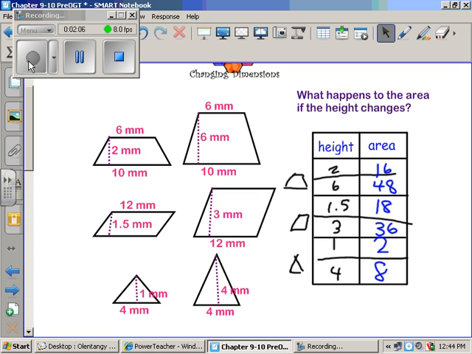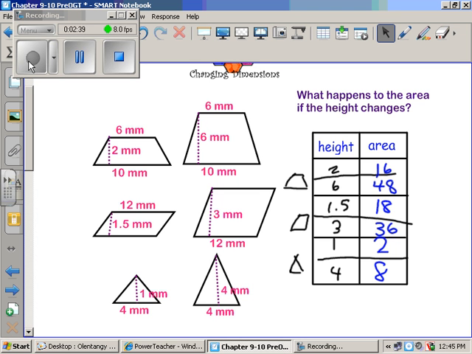Now, compare the change in the height to the change in the area for each one. Okay? So how much is the height changing? What are we doing to get that new height? Right, you're multiplying by 3. How does the area change? Multiply by 3. Right? 16 times 3 is 48. How does this one change?